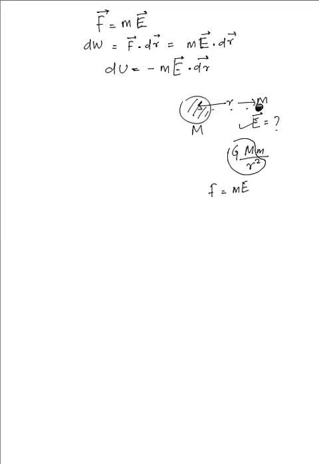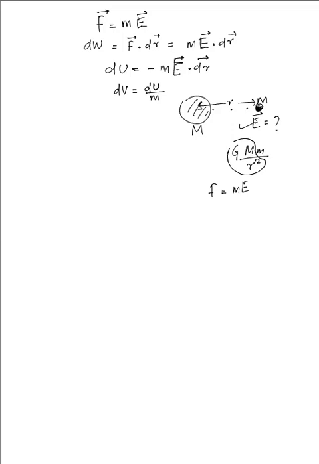If you are dragging it away, you are doing some work and your work is getting stored in it in the form of energy. So this is a minus of F dot dr, or the negative of the work done, and this gives the potential, as we defined, which is simply the work done per unit mass.